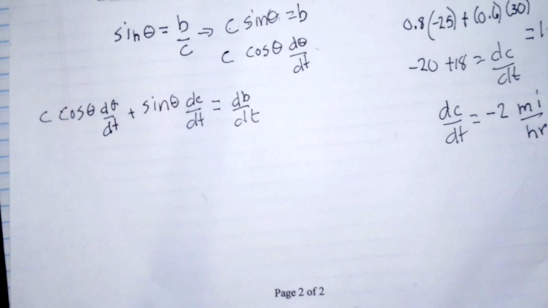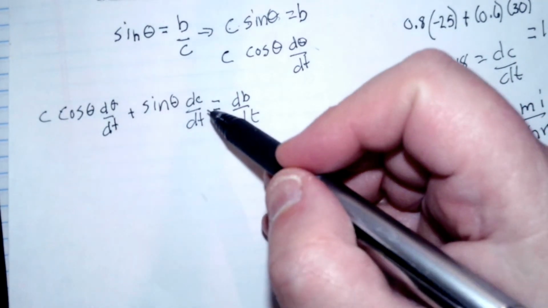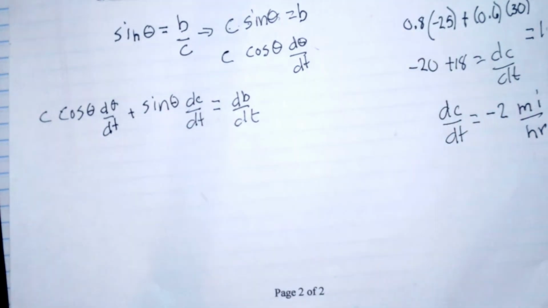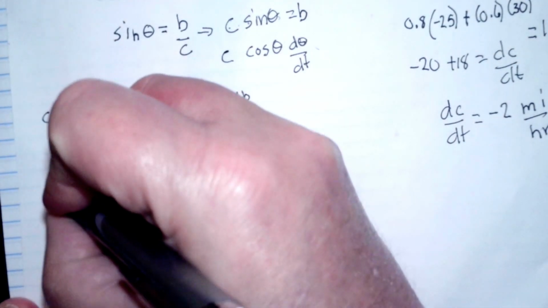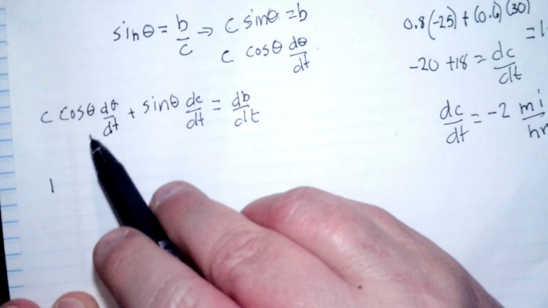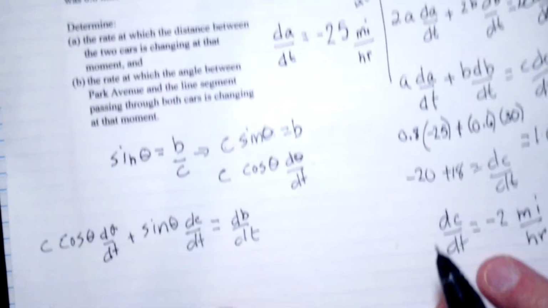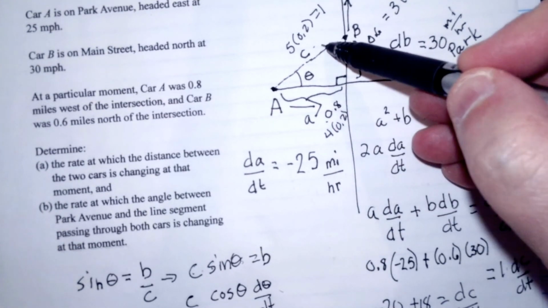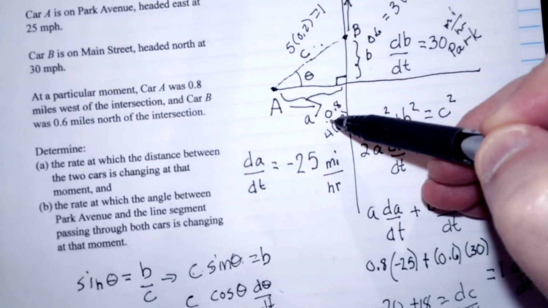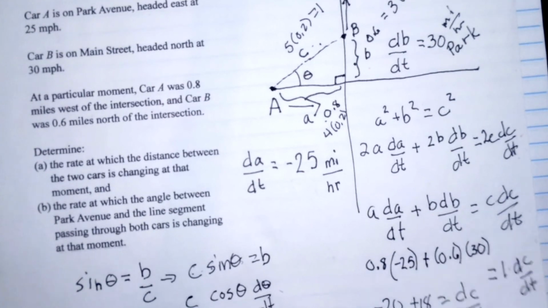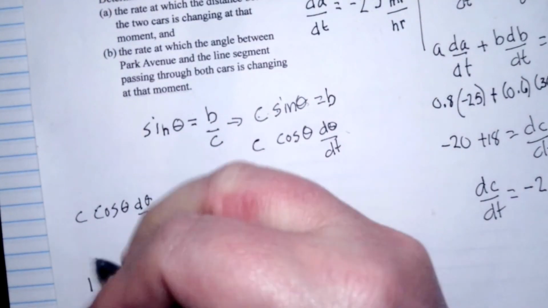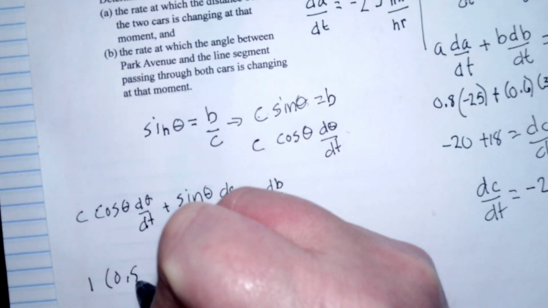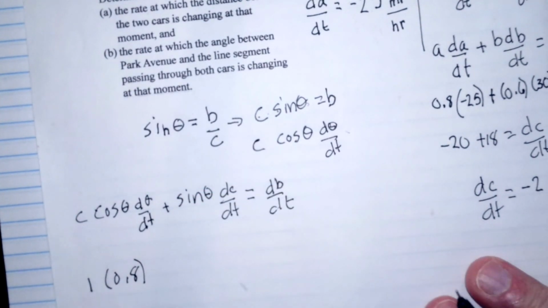Alright, so we should know all of these except for d theta/dt. c, as we found out before, is 1. The cosine of theta is equal to the adjacent side over the hypotenuse. So that would be 0.8 over 1, 0.8. Notice we did not find the angle theta. That wasn't really necessary.